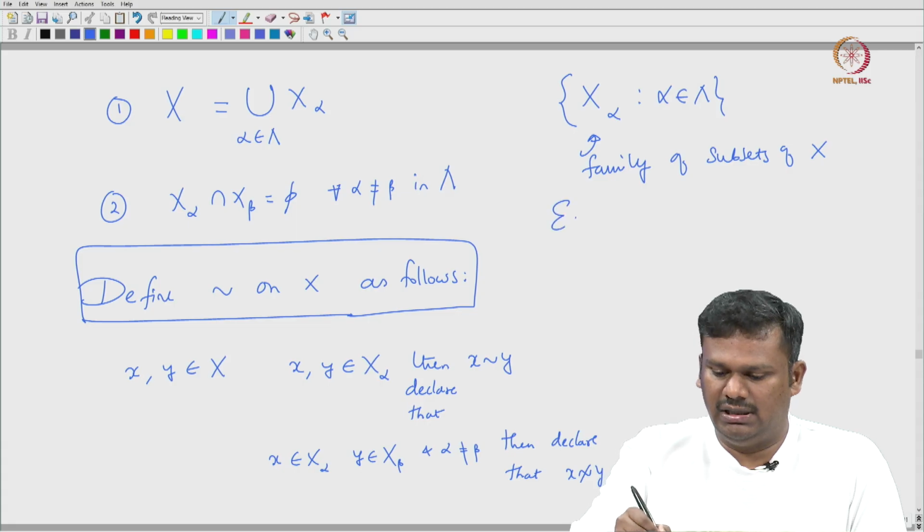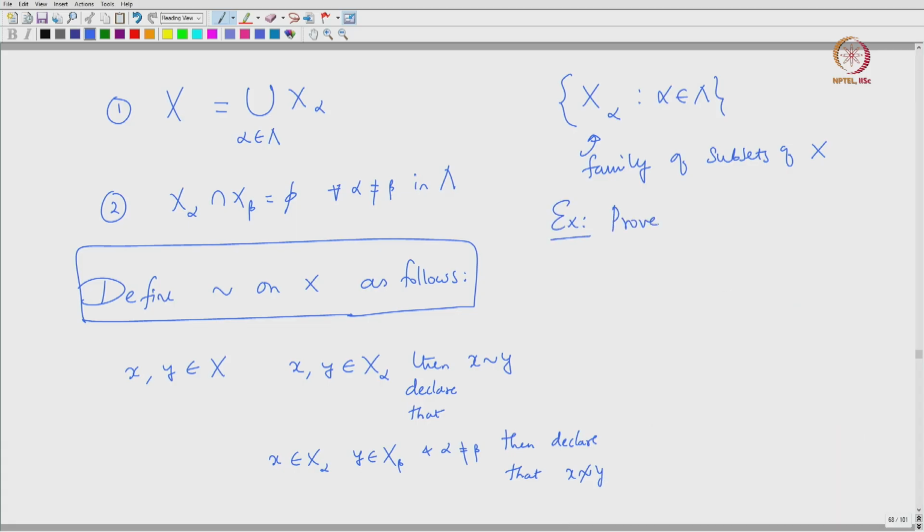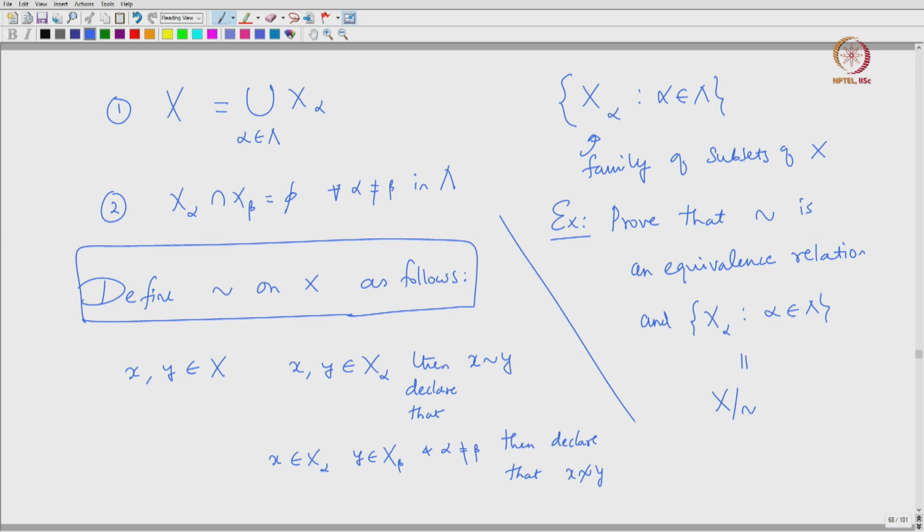So, I will leave it as an exercise: prove that this tilde is an equivalence relation and that these X alphas form the quotient set X modulo tilde. Okay. They are the equivalence classes associated with this equivalence relation tilde. This is not very hard to prove, I will leave it to you.